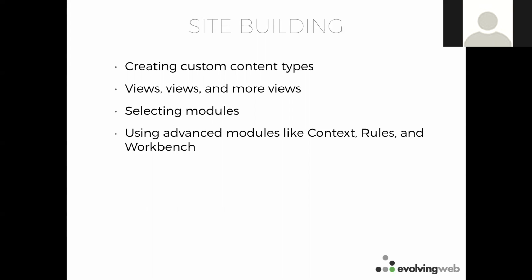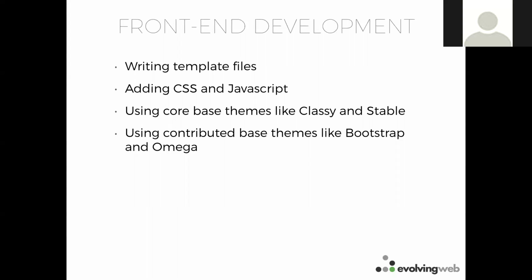There's a lot of really common modules for Drupal, like context, rules, workbench. So a lot of your work, in fact, most of your work, will be doing all that configuration. And then sometimes you'll have to do some extra development. Front-end development would be actually creating a theme or customizing a theme.